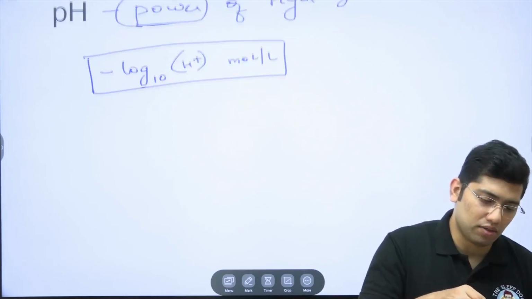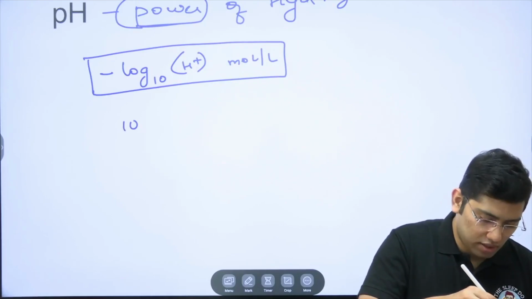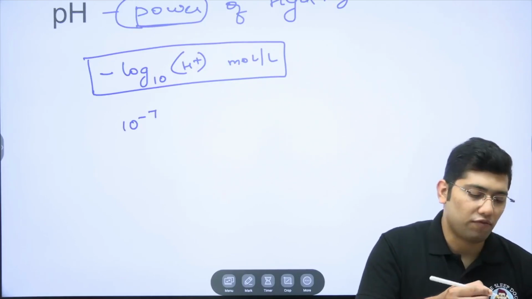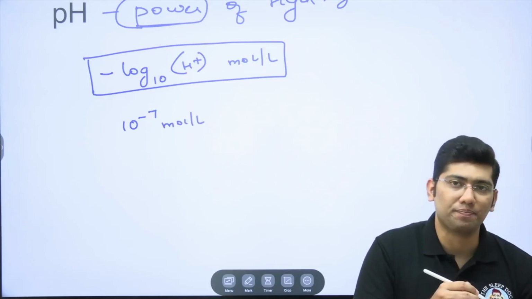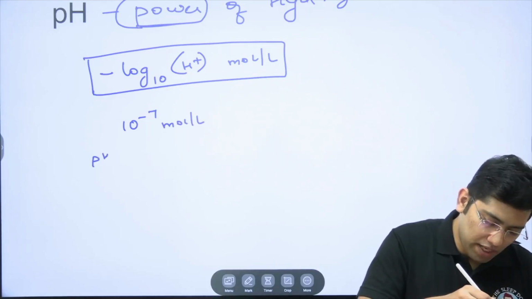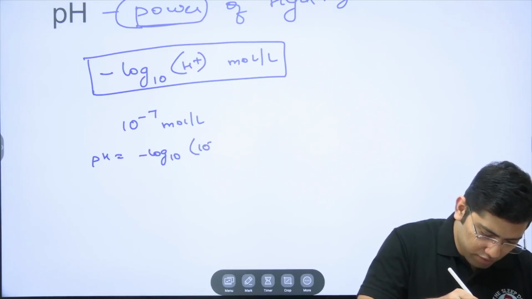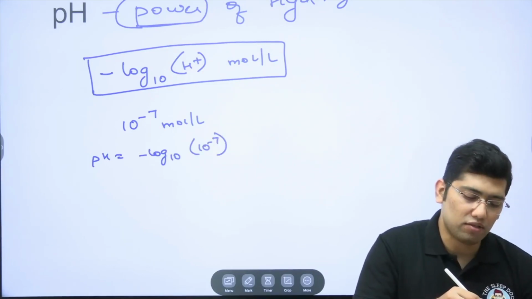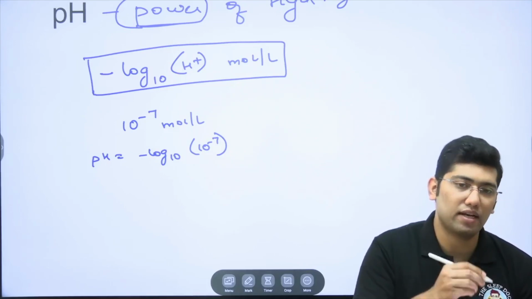Now let's say we find out the pH for a concentration of 10 raised to minus 7 moles per liter. Let's apply the formula. pH is equal to negative logarithm to the base 10 of 10 raised to minus 7. Log to the base 10 of 10 raised to a value is equal to that value.